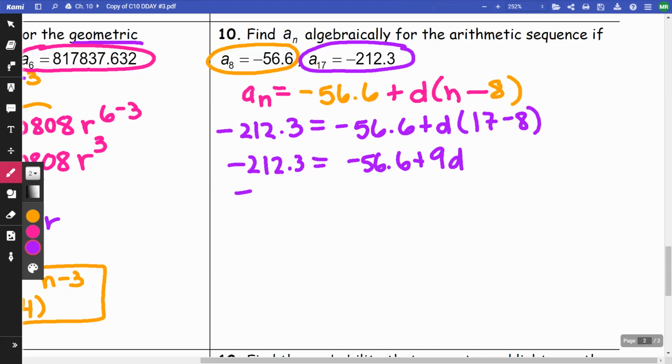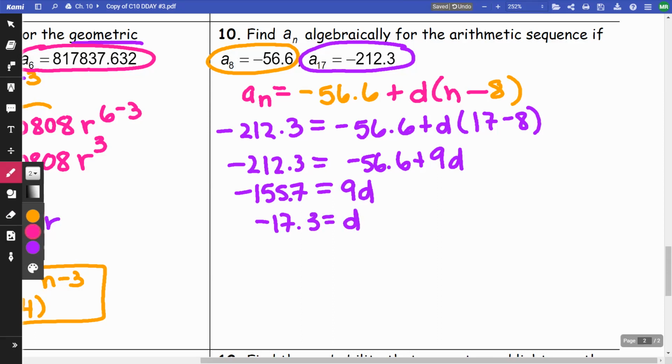And I get a negative 155.7. Sorry, 0.7 is equal to 9d. I'm going to divide by 9, and I get a negative 17.3 is equal to d.